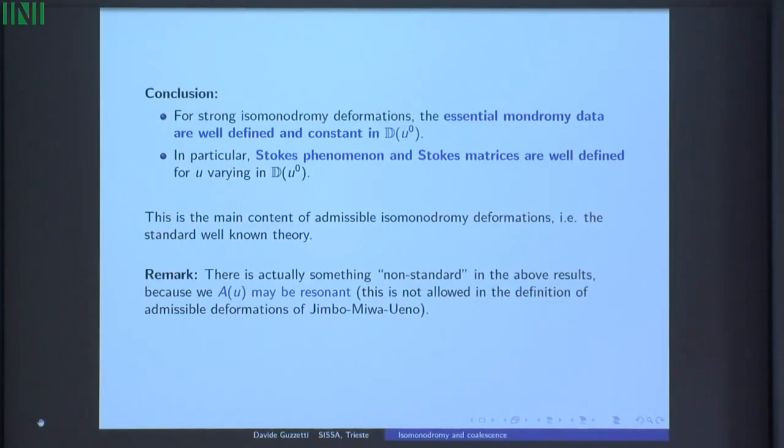Okay, maybe this remark. If you look at the paper by Jimbo and Miwa, A of U is required to be non-resonant, but everything I've said holds also when A of U is resonant, so it's not so important.